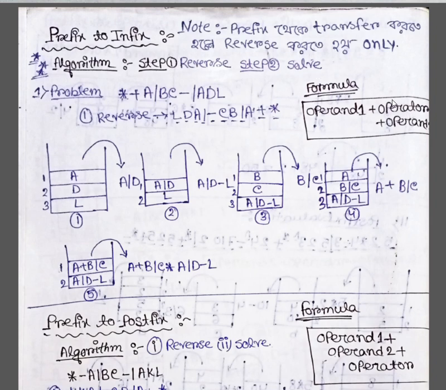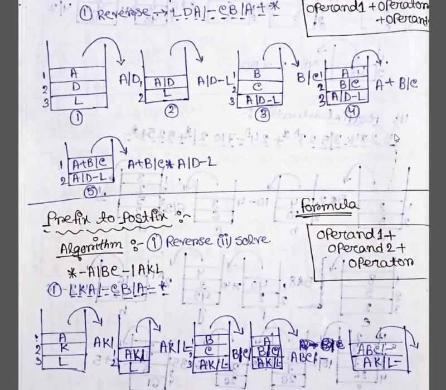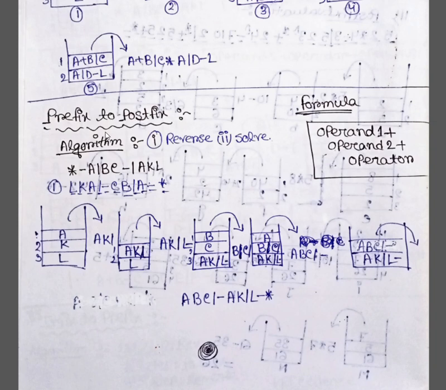And when it is postfix, the operator is at the end, after operand 1 and operand 2. Exactly the same process will be followed here. The expression is given, you have to reverse it first, then solve it, exactly like we did before.